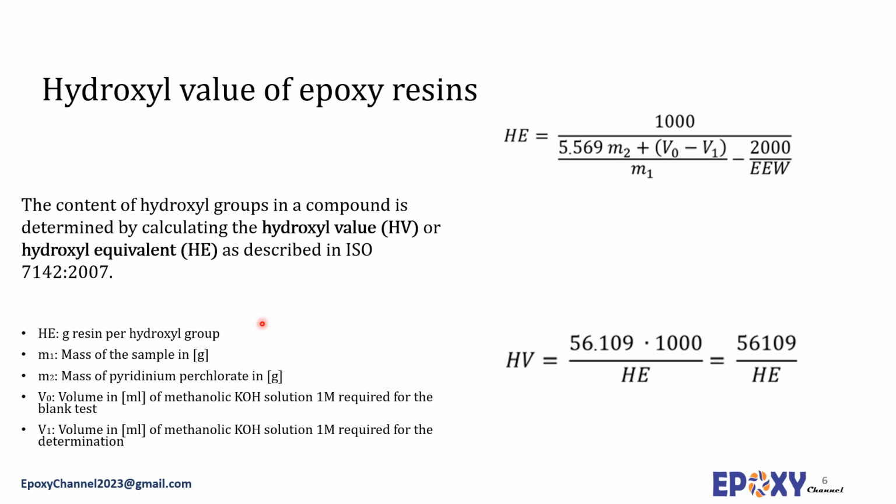And when we do the procedure reported in 7142, we would have the HE value, which is the hydroxyl equivalent, and the HV value, which is the hydroxyl value, can be calculated based on the HE value. More about this is that a maximum of 5% variation is acceptable between two measurements, and precision is dependent on the size of the hydroxyl value.